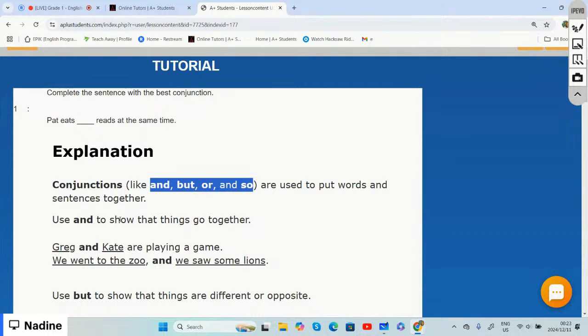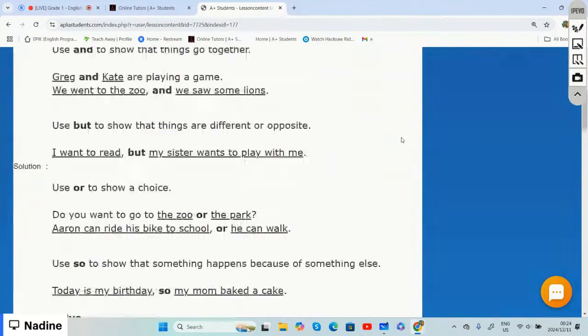And it says, Pet eats. Do we say Pet eats and reads at the same time? Do we say Pet eats but reads at the same time? Pet eats or reads at the same time? Or do we say Pet eats so reads at the same time? We need to choose the correct option.